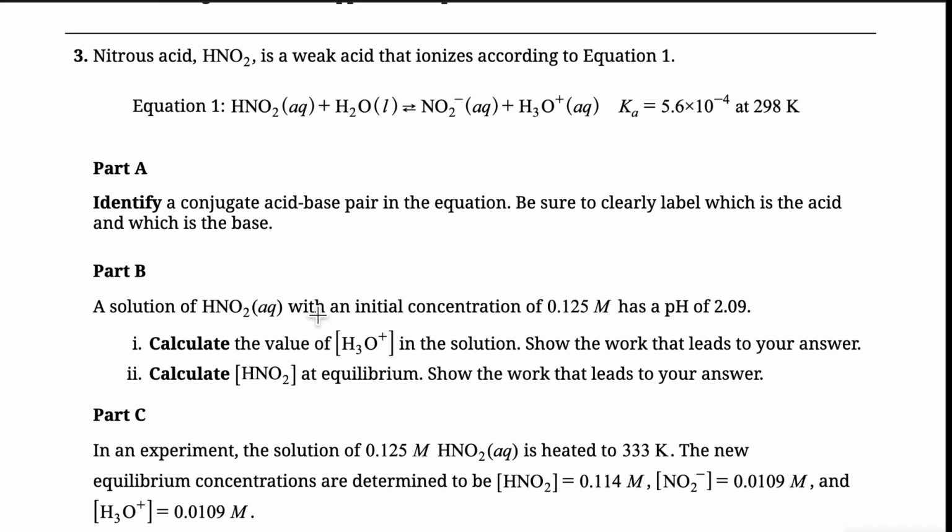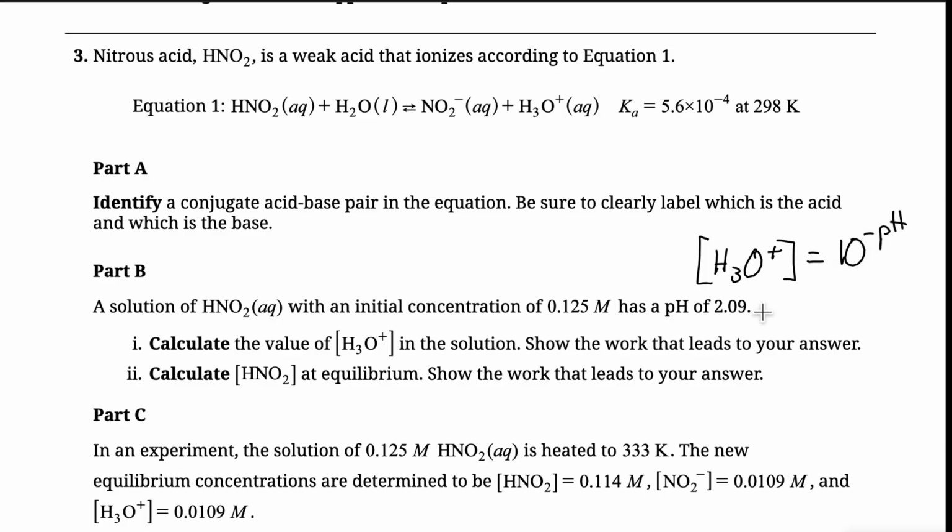Part B says a solution of HNO2 with the initial concentration of this has a pH of 2.09. Calculate the value of H3O+ in the solution. Show the work that leads to your answer. So we have the pH and we know that the concentration of H3O+ equals 10 to the negative pH.